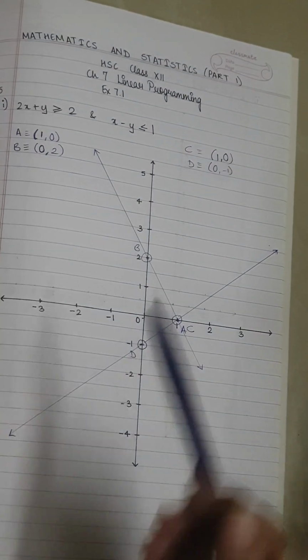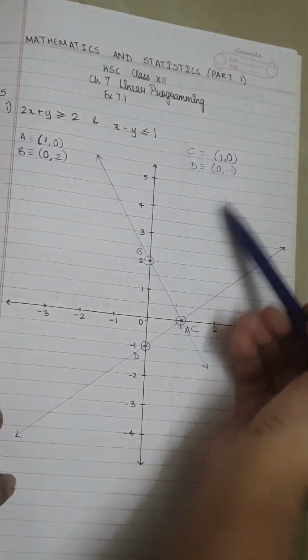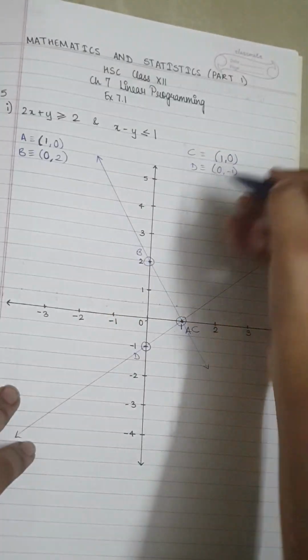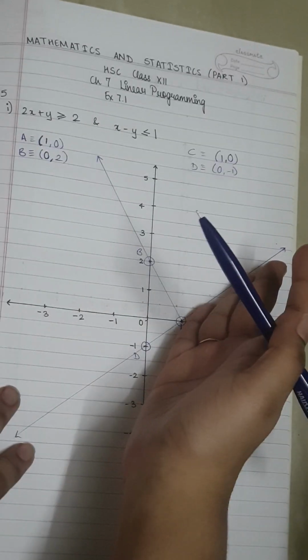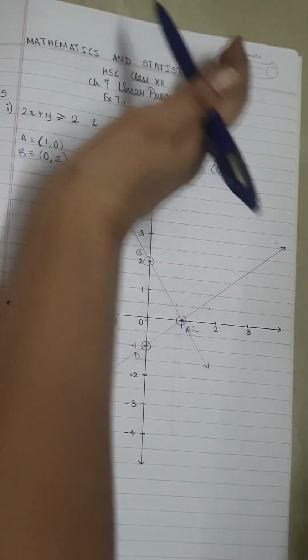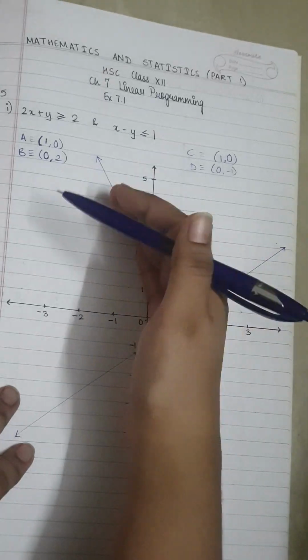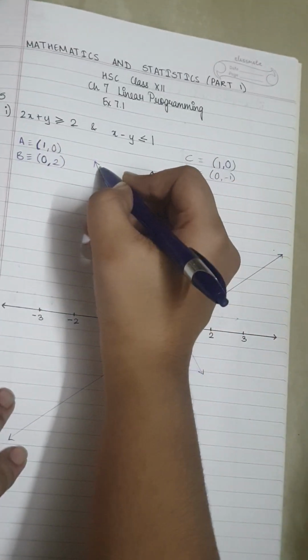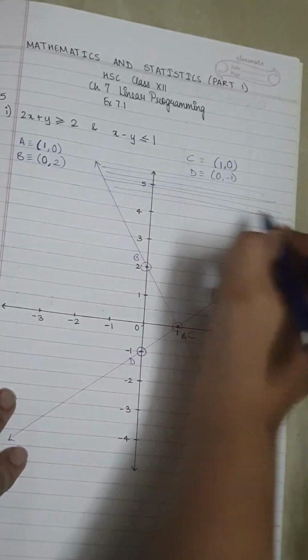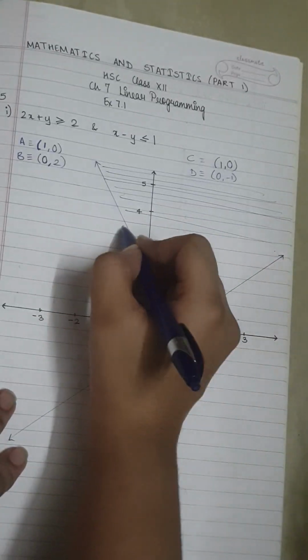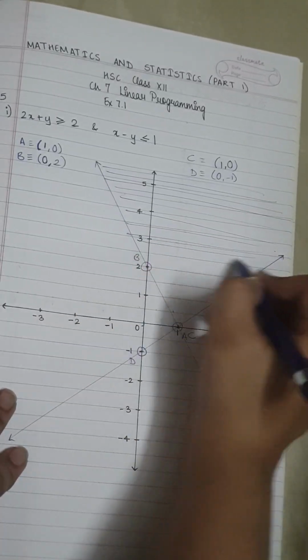That means your shaded region will be on the right. And on this side here, you have less than 1. That means it's going to be this region. So the common region for both the lines that will be shaded is this part, indicating the common region that is shaded among the two.